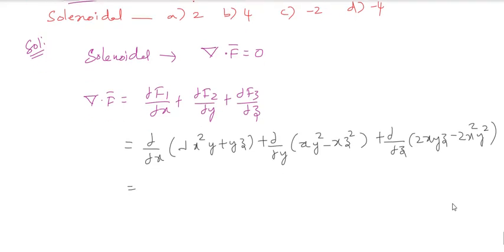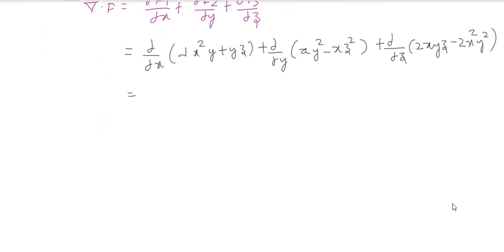Dou by dou x of the first gives 2 lambda xy. The second gives plus 2xy, and there are no z terms in the second. The third gives plus 2xy. So this is your del dot f bar.